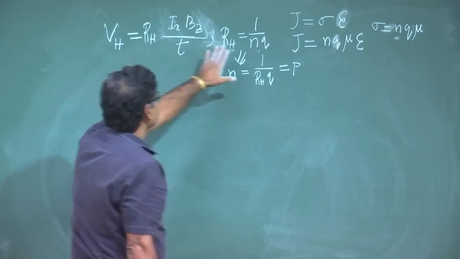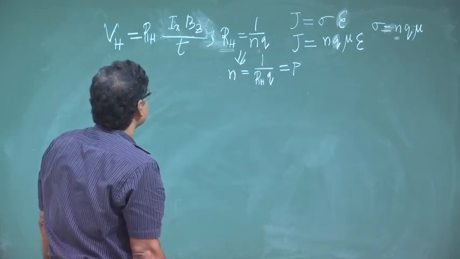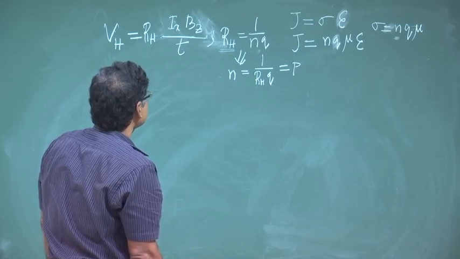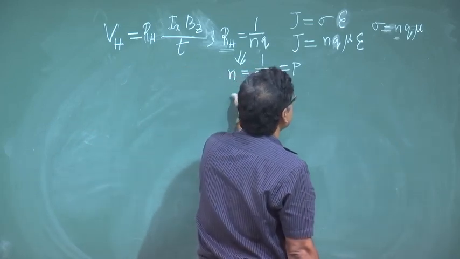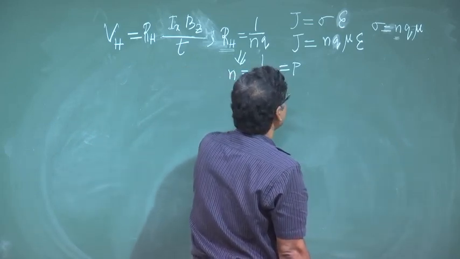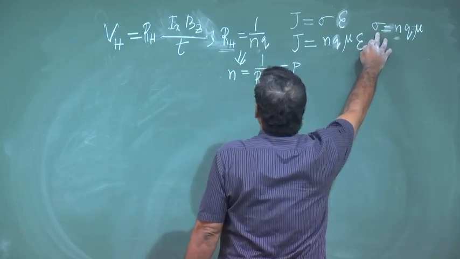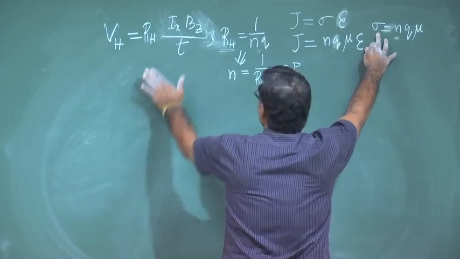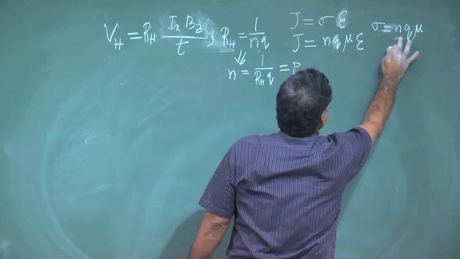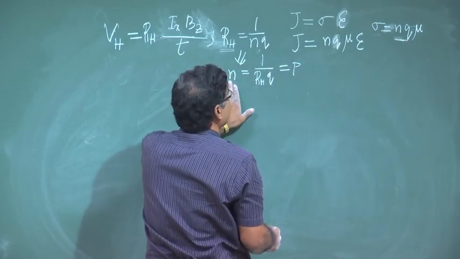So, that also we can find out, and I told also that we can find out the mobility of the electrons or the holes if I can measure the conductivity, right. From Hall measurement, I know this part, from RH.